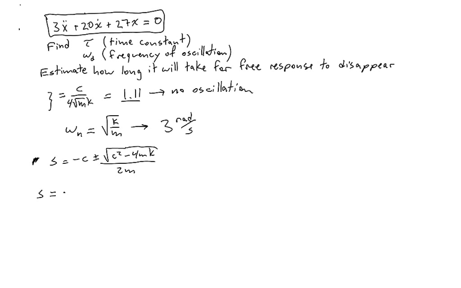S is going to be equal to minus 3.3 plus minus 1.453, which is going to be basically two roots, right? So R1 is going to be negative 4.786, and R2 is going to be negative 1.88. So we have two roots.